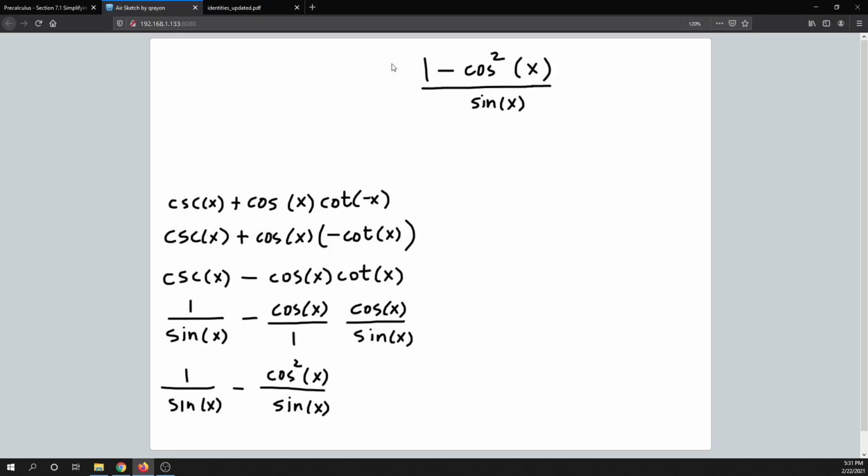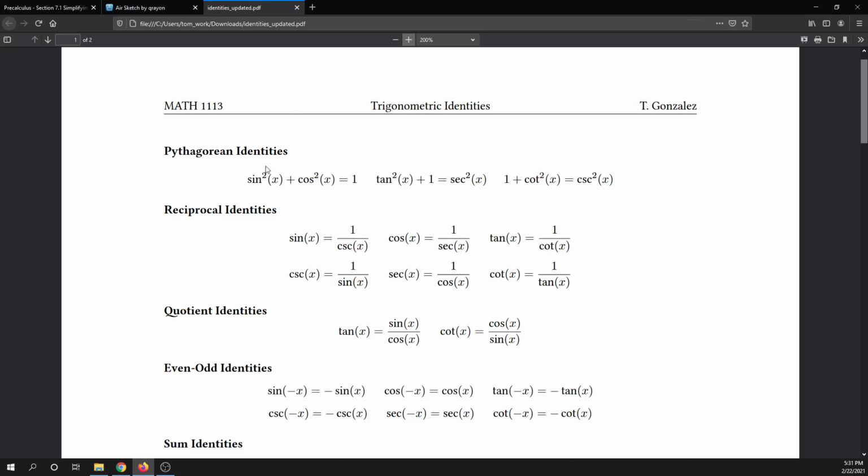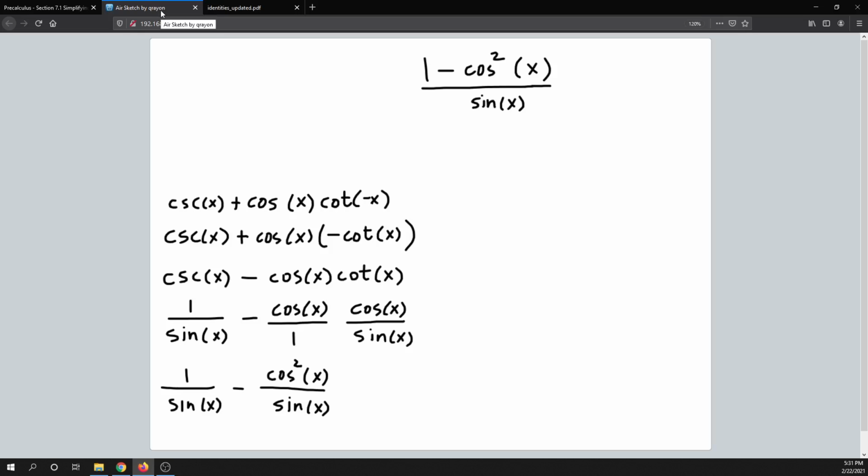So on top, though, I have this 1 minus cosine squared. So if I go back to my identities list, I can see that has basically 2 of the 3 parts of this Pythagorean identity. Sine squared plus cosine squared equals 1. Okay? So what I can do is, if I take this identity and rearrange it a little bit, it will again be an identity. So off to the side, I'm just going to write this other identity, sine squared x plus cosine squared x equals 1.